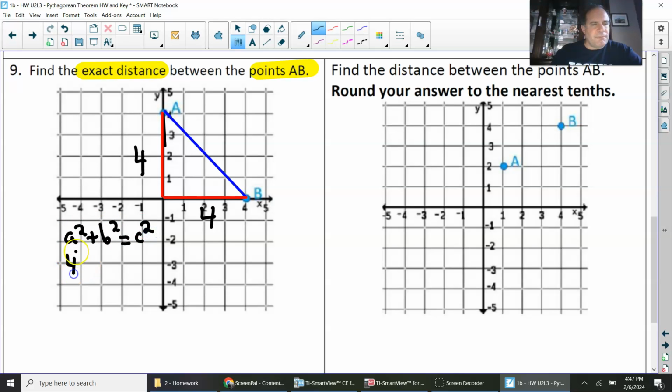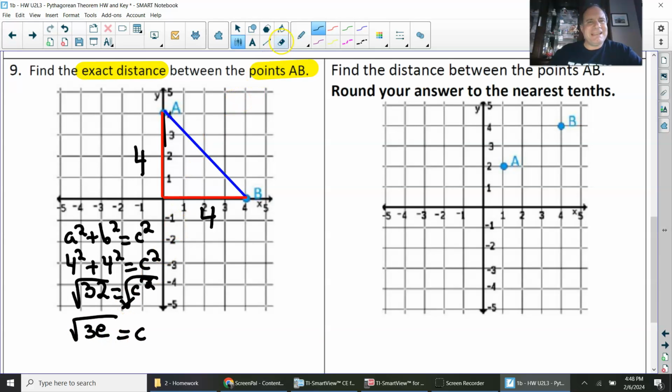A squared is 4 squared plus 4 squared again for b squared. And c squared is the one that you're trying to find. So this is 16 plus 16, which I know is 32, equals c squared. You square root both sides, and c is square root of 32. You leave it there like that.